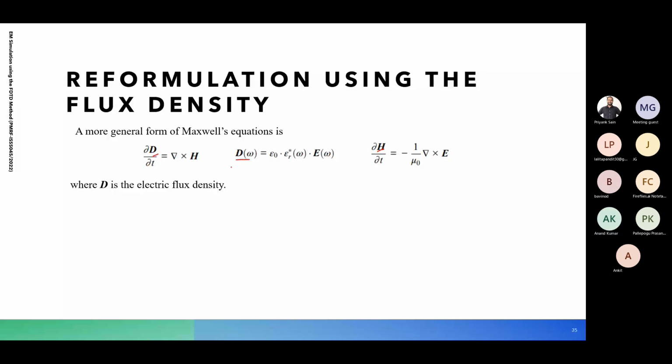So we'll first look at using flux density for a regular medium, and then we'll see how to go about it if the permittivity is a function of frequency.